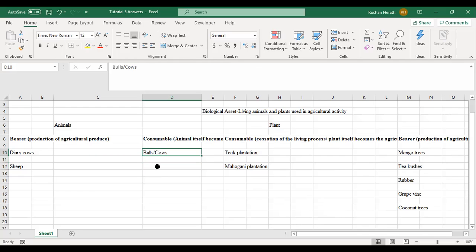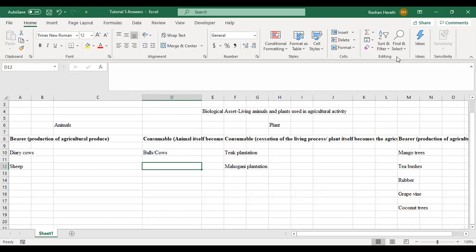So basically, as I mentioned earlier, when it comes to the horses, we are basically keeping them for recreational purposes. Most of the time, we are using them to provide entertainment, right? So hence it qualifies as the PPE. It's PP.